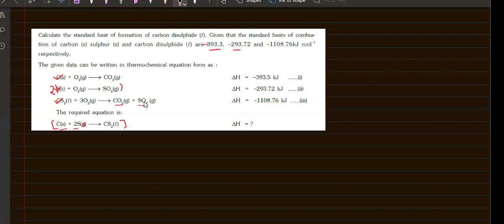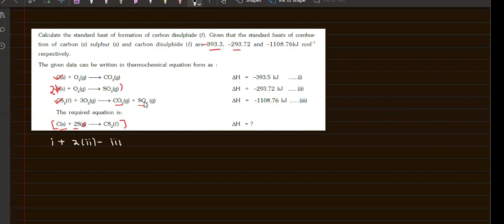So let's do one thing. We can write it like this: reaction 1 plus 2 into reaction 2 minus reaction 3. Try to do this.